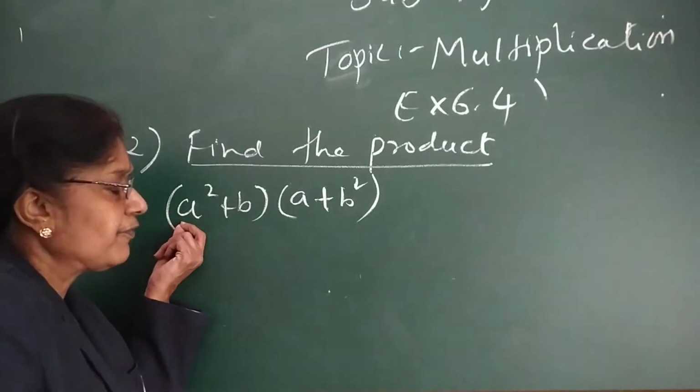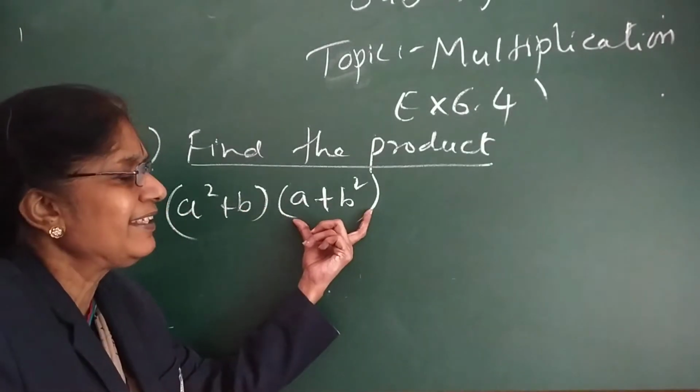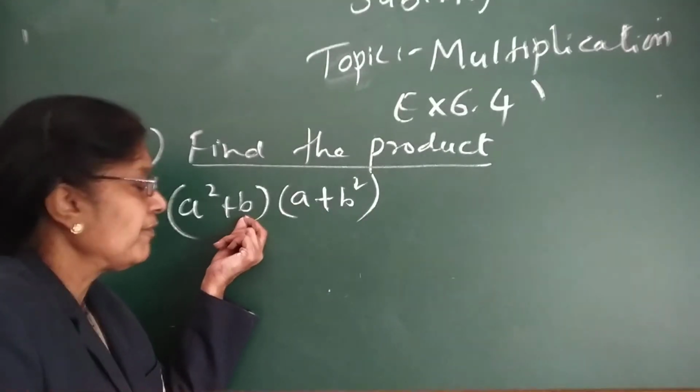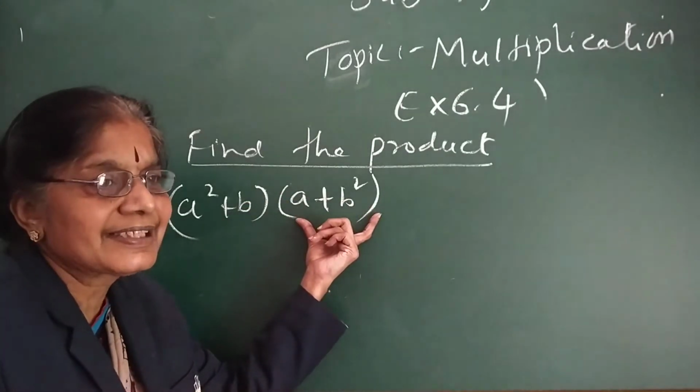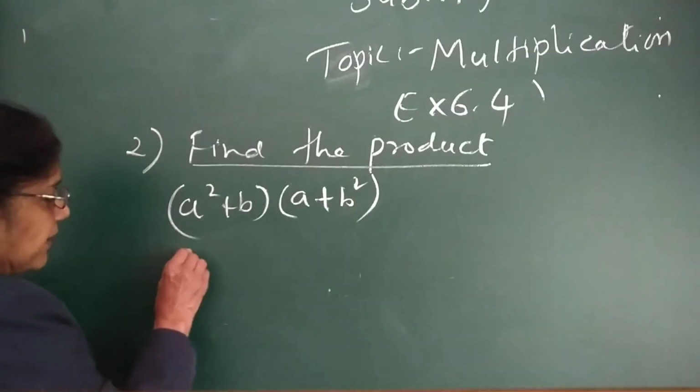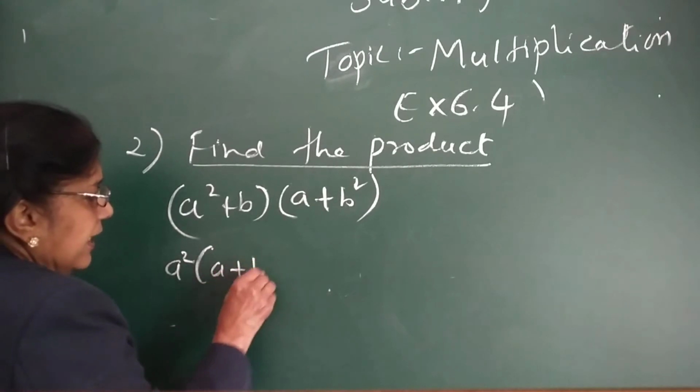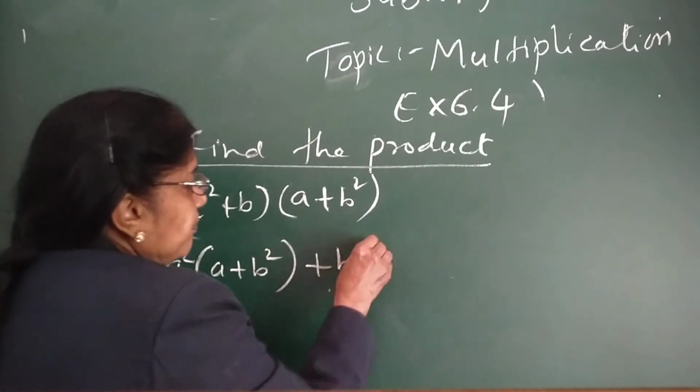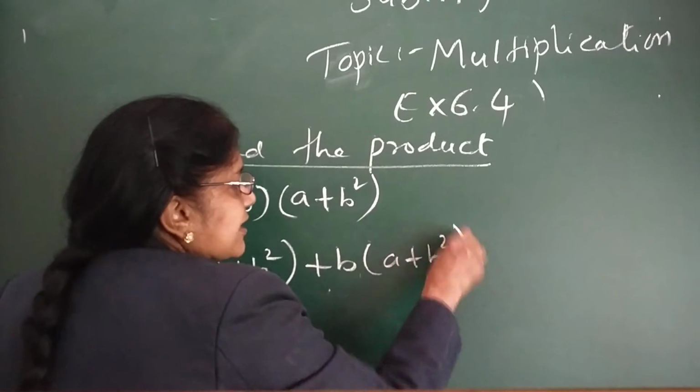Take the first term of the first binomial, multiply with the second binomial. Second term of the first binomial, multiply with the second binomial. So what will it become? a square in the bracket, a plus b square, plus b in the bracket, a plus b square.